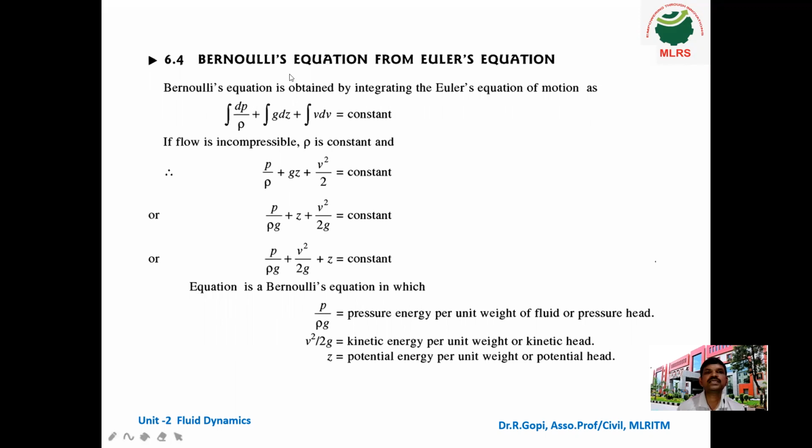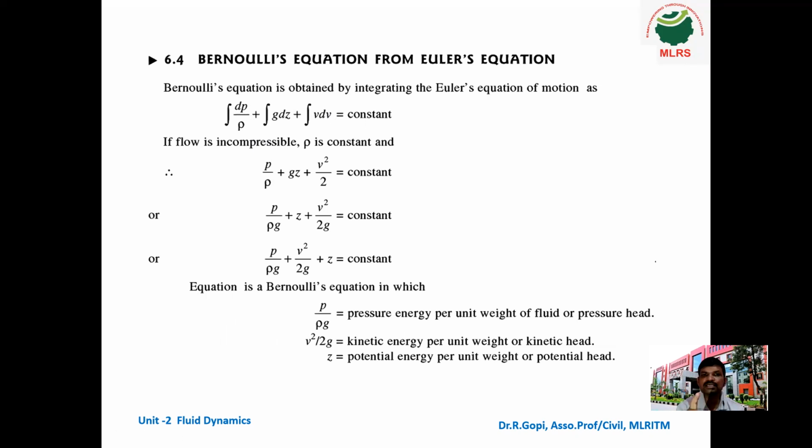Now we can see Bernoulli's equation from Euler's equation of motion. Bernoulli's equation is obtained by integrating Euler's equation of motion: the integral of dou P divided by rho, plus the integration of G into dz, plus the integration of V into dV, which is equal to a constant.